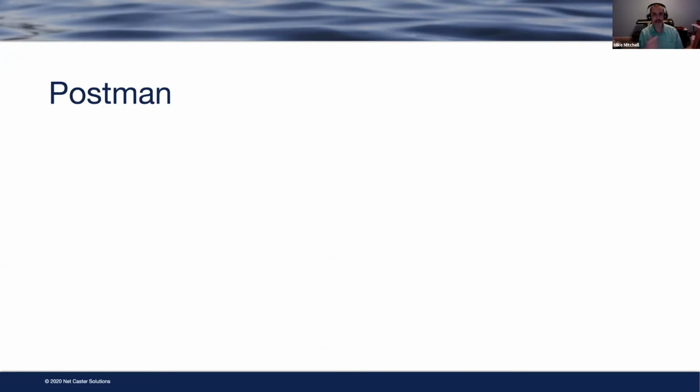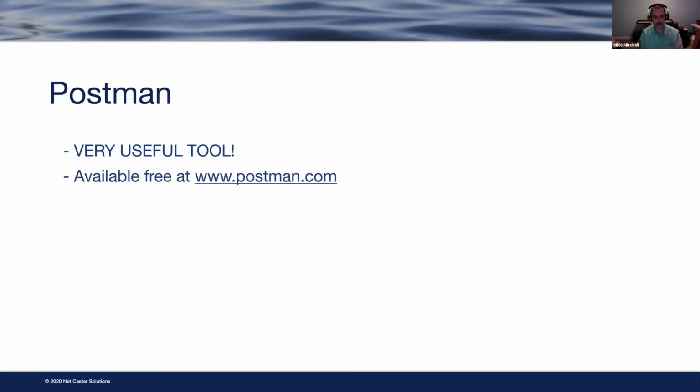Now, remember that I mentioned we were going to talk about another tool here. There's a tool called Postman. This is extremely useful. It is a free tool that you can download from www.postman.com. It allows testing your API calls before you get to the coding stage. That's very handy for those of us who are fumble-fingered and maybe don't understand what all the right syntax should be.